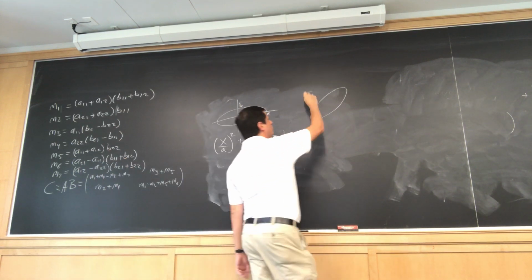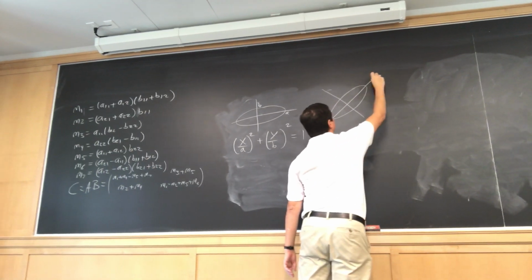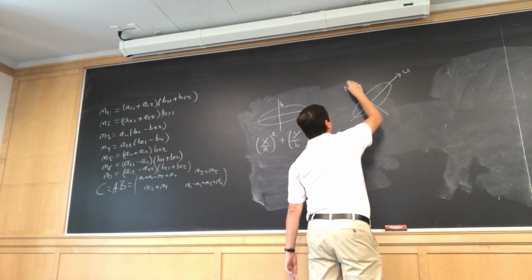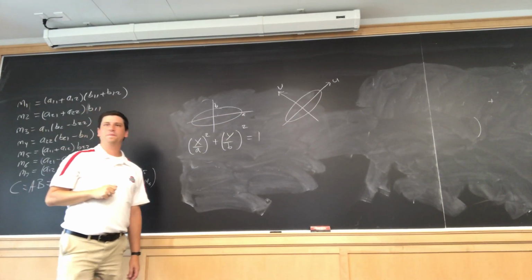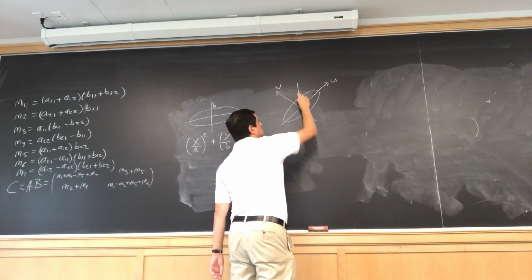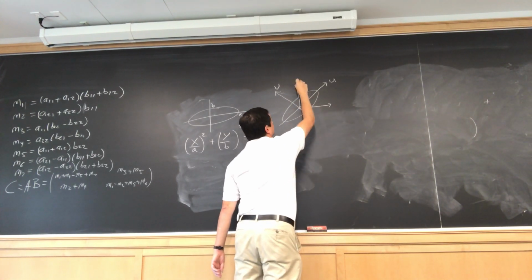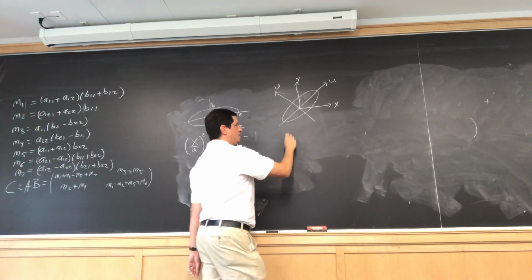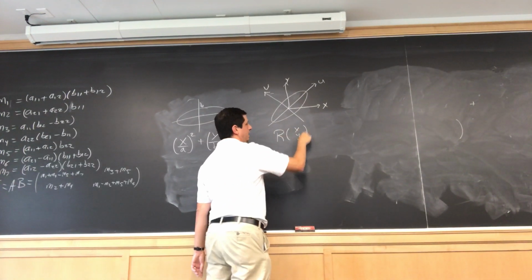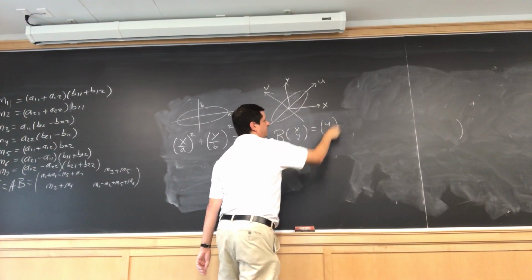If you draw your coordinate axes like this, u and v, we can write down the equation in uv space very easily. So what we do is, here are the xy axes. So we have a rotation matrix R that sends xy to uv.